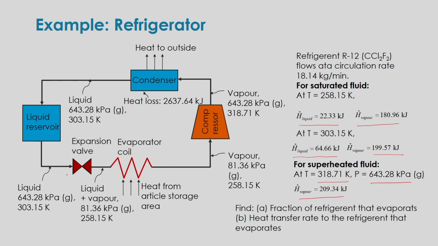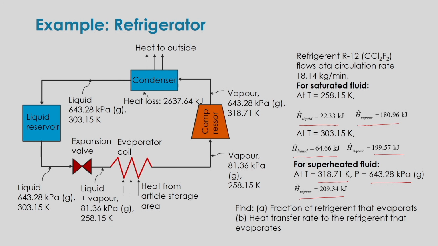If we consider the expansion valve, at its inlet the liquid flows at that circulation rate, with a pressure of 643.28 kilopascal and a temperature of 303.15 Kelvin. After the expansion valve, the mixture of liquid and vapor is at a pressure of 81.36 kilopascal and a temperature of 258.15 K. This is basically less than 0 degrees Celsius.